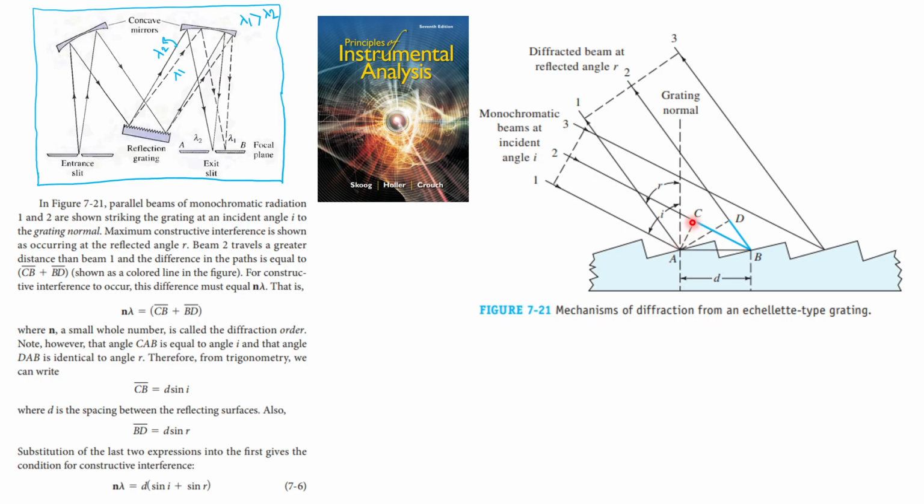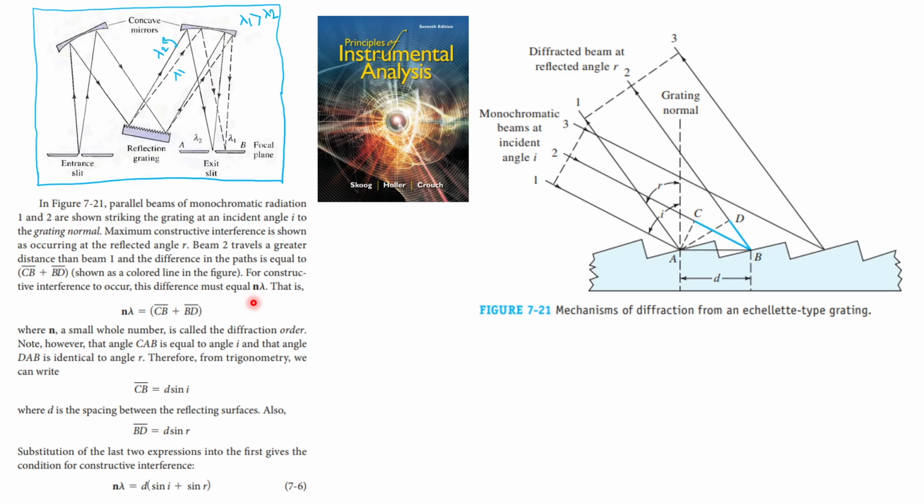The path difference is CB plus BD. For constructive interference to occur, the difference must be equal to n lambda, where n is a small whole number called the diffraction order, as you have already heard of first order diffraction or second order diffraction.